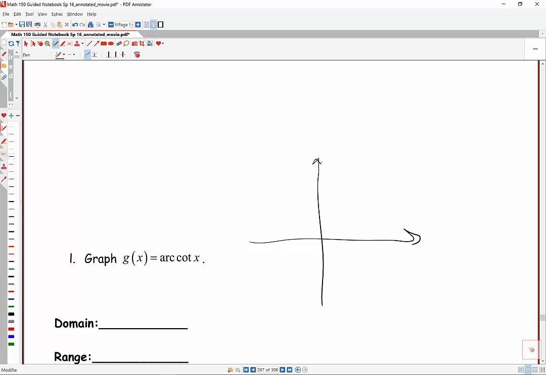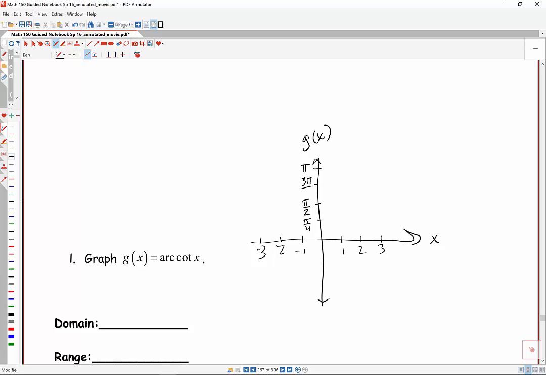So what we'll have is, actually it should be a little lower. Now we've got it all set up.